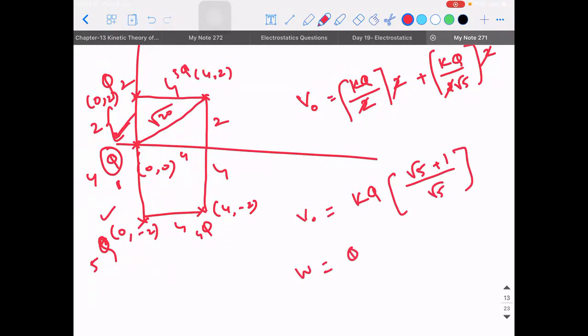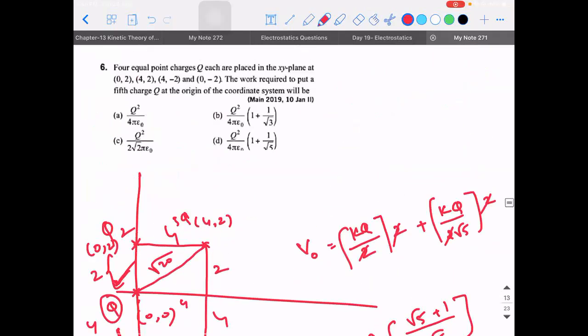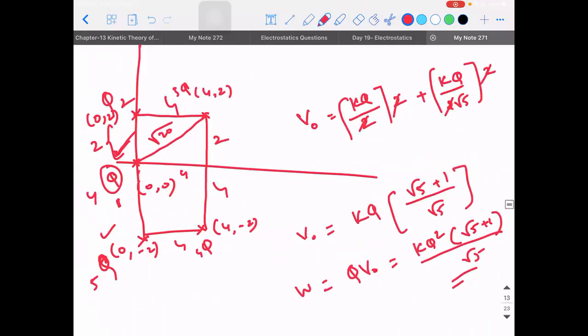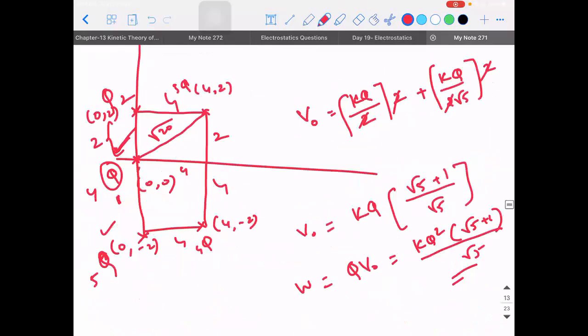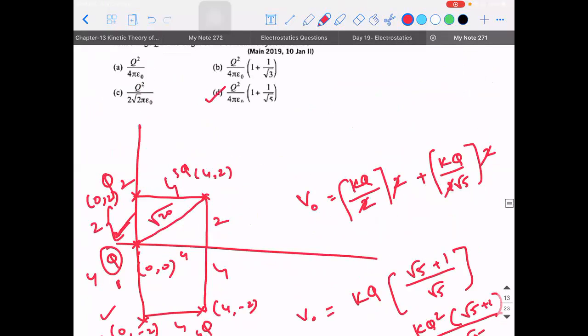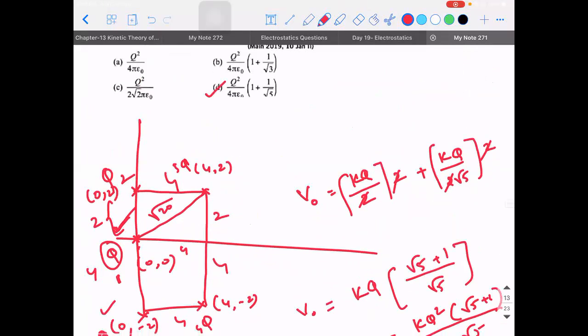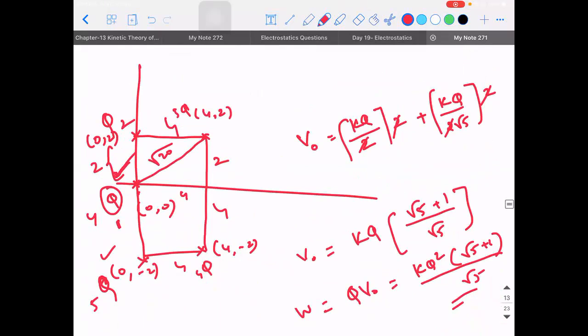So work done will be equal to Q into V naught. So KQ square into root 5 plus 1 divided by root 5 is the answer. Is there an option like this? Or KQ square into 1 plus 1 by root 5 would be option 4. Is there anyone having a doubt in this?